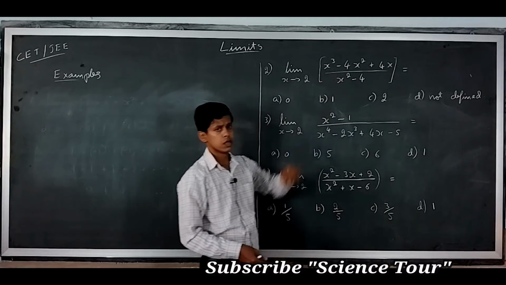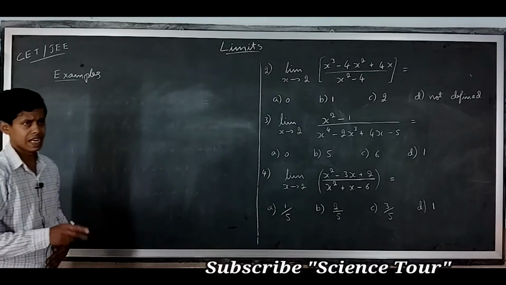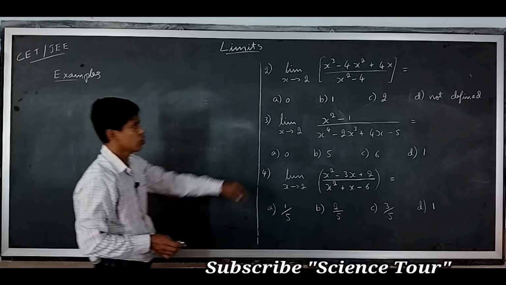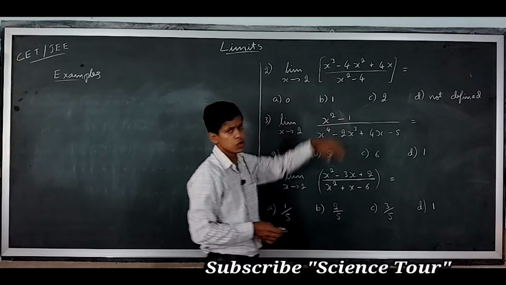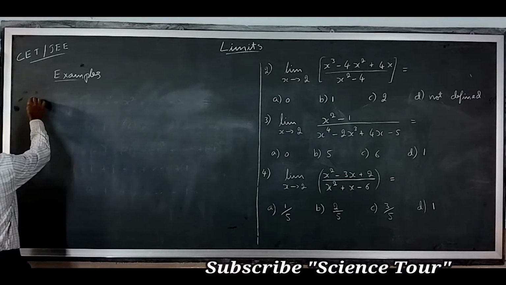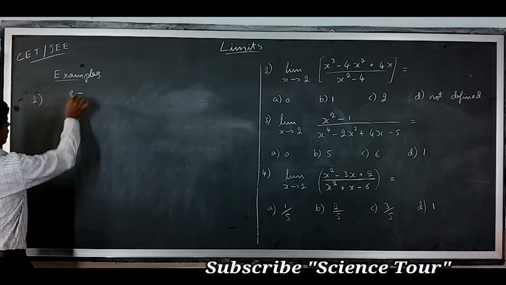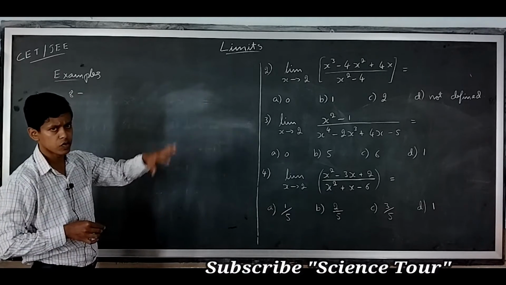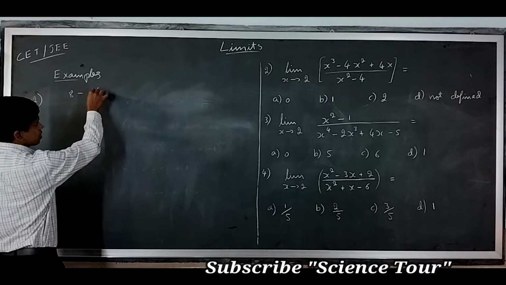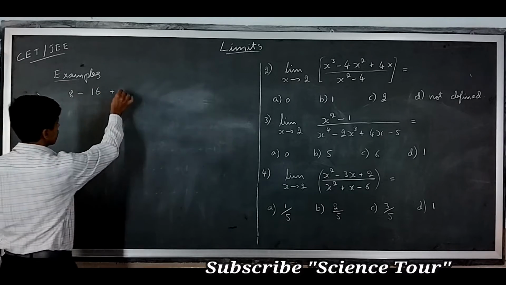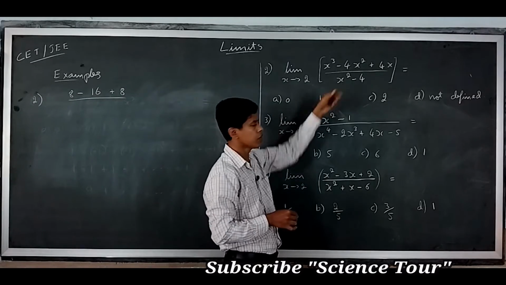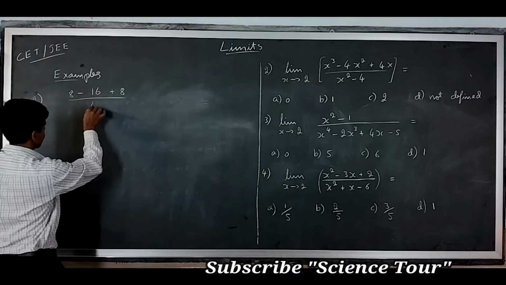This is a rational function, and just substitute 2 in place of x. If you put 2 here, this will be 2 cube, which is 8, and then minus 4 into 2 square, so 4 into 4, that is 16, and then 4 into 2, that is 8, divided by 2 square here, which is 4, and minus 4.